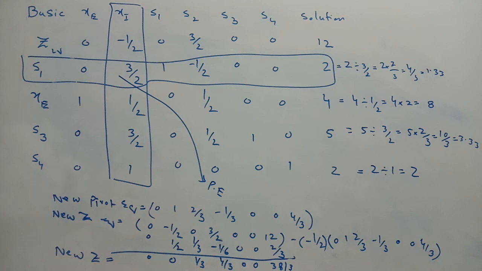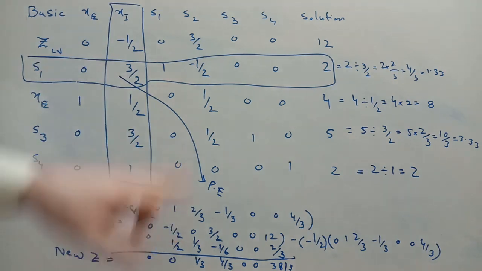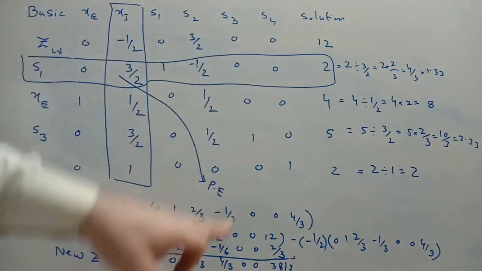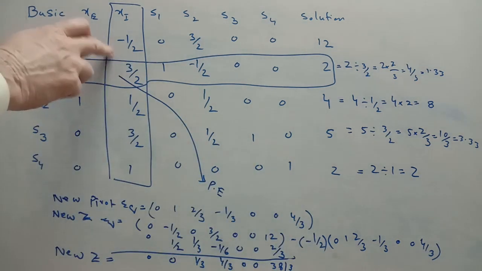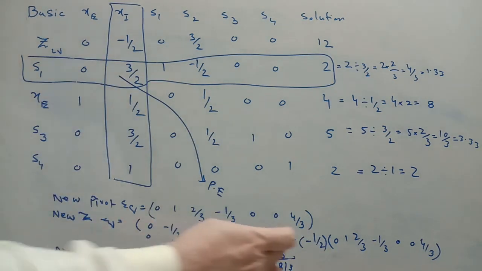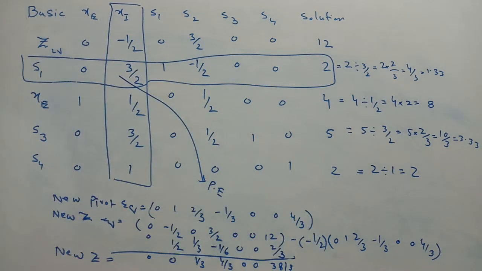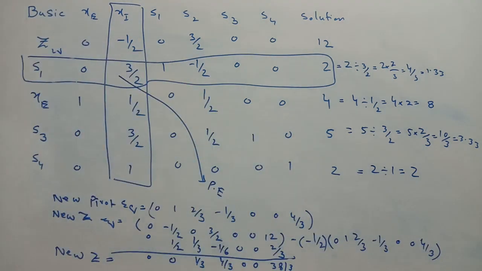Similarly, now we will find out the new values of the z equation. The old z equation is this one: 0, minus 1/2, 0, 3/2, 0, 0, 12. Now minus its entering column coefficient, that is minus 1/2. So minus minus, it will be plus 1/2. Now plus 1/2 multiplied by the new pivot equation.